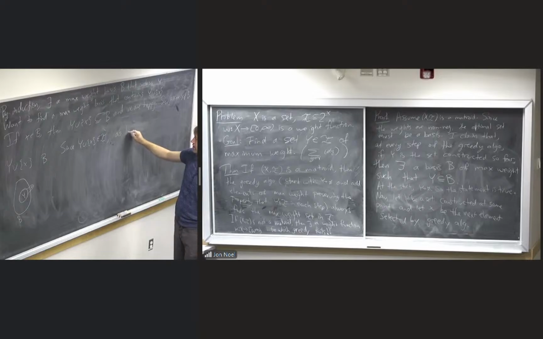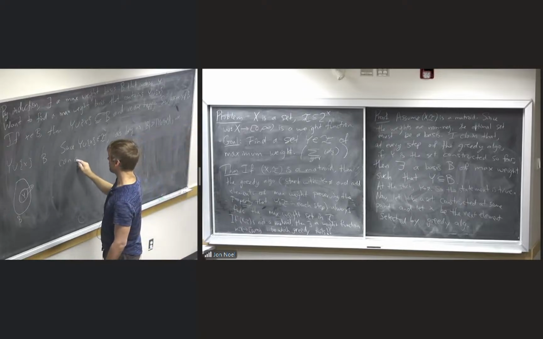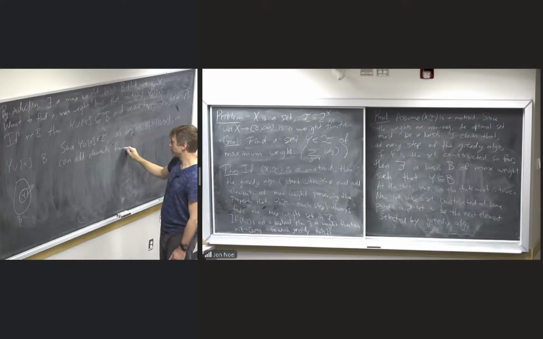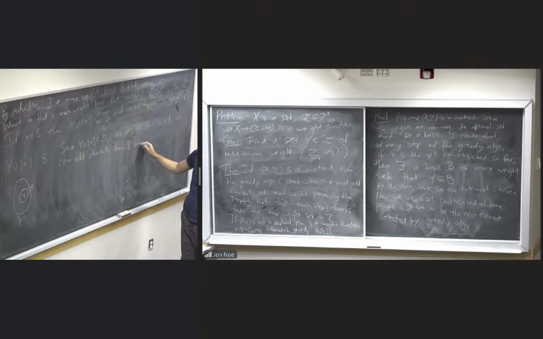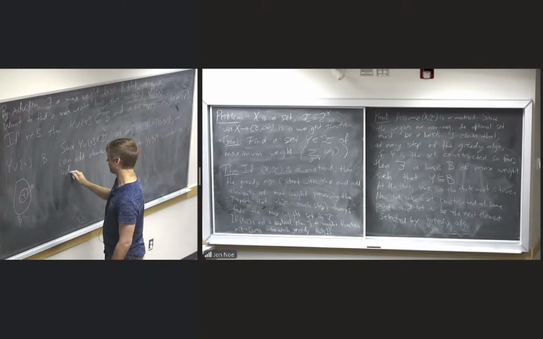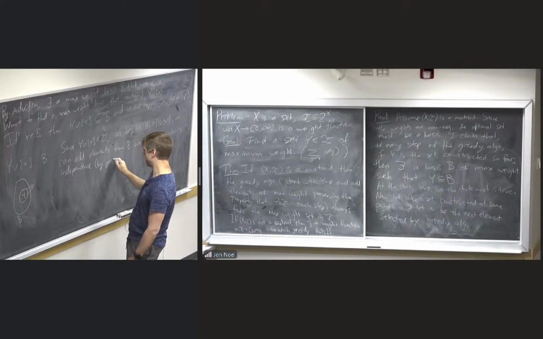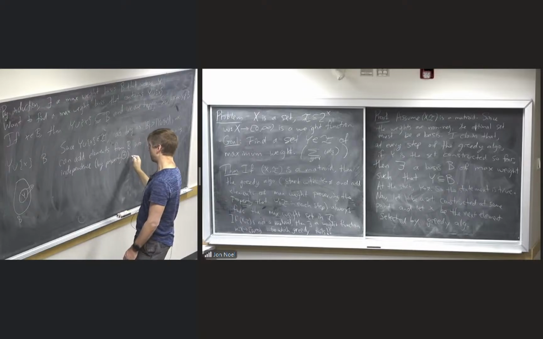As long as the size of B is bigger than the size of Y union X, we can add elements from B into Y union X, maintaining independence. This is by property 3 of a matroid.